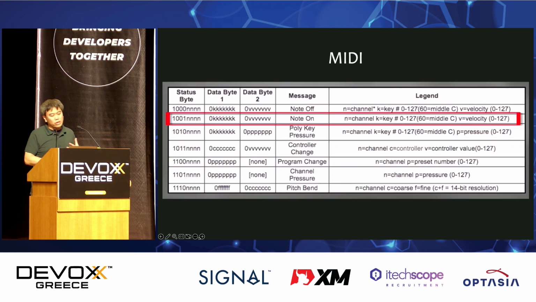Of course, in order to decode the message, there's a MIDI standard that you want to learn about. The first few bytes start with 1001, in this case, to determine if the note is on, and then the data identifies the key. So the middle C is 60, and then the velocity. Those are the things you need to understand in order to connect to a MIDI device.